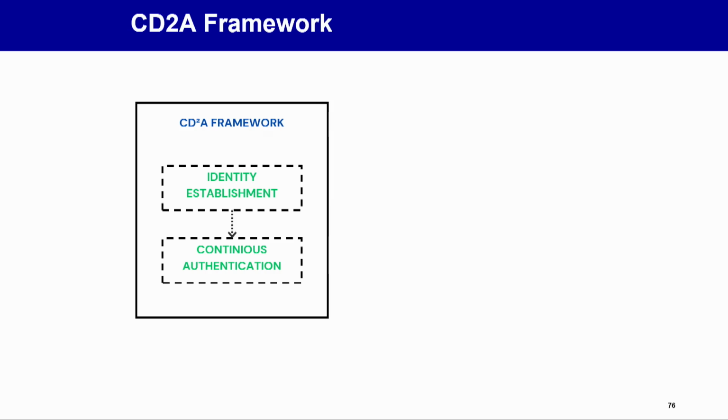First we need to find its identity, or you can say its fingerprint, by using some characteristics or features of the device. Like I said, crystal oscillator impurities are one of the features you can use. And after that is done, you can keep doing continuous authentication by storing the identity in the server.